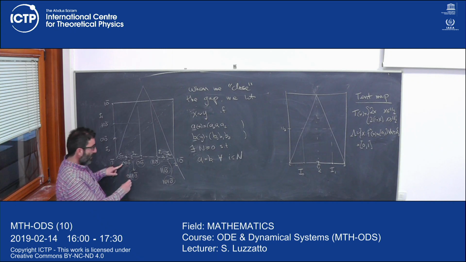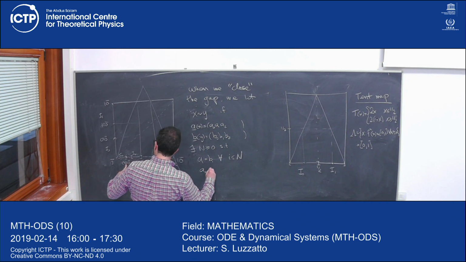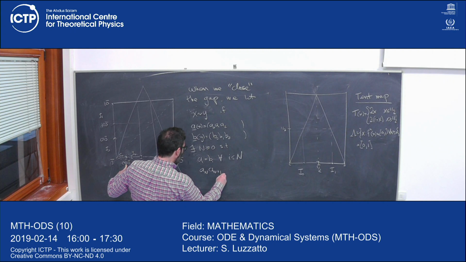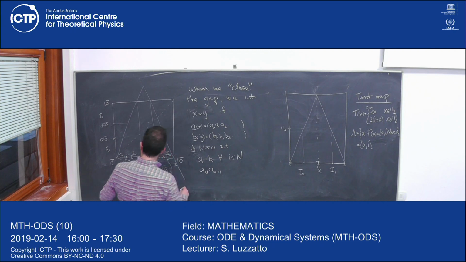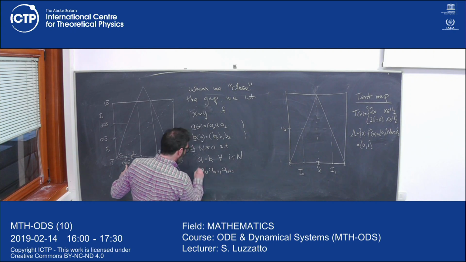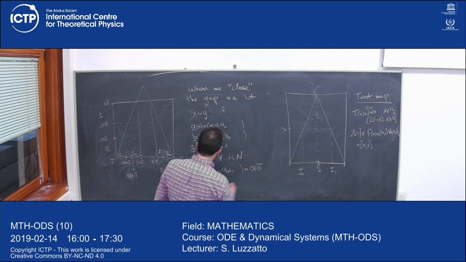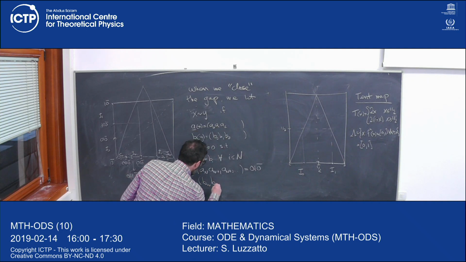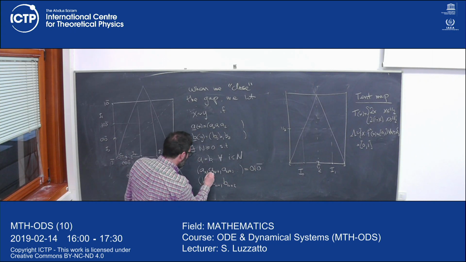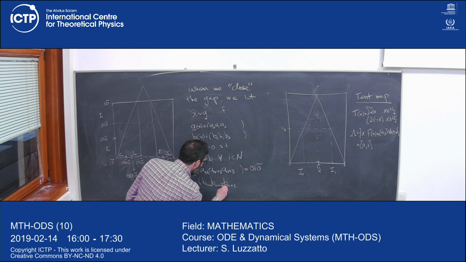And then we have that the sequence an plus 1, an plus 2, and so on, the remaining part of the sequence, is exactly equal to 0, 1, 0 bar, and bn plus 1, bn plus 2, and so on, the remaining part of the sequence, is 1, 1, 0 bar.